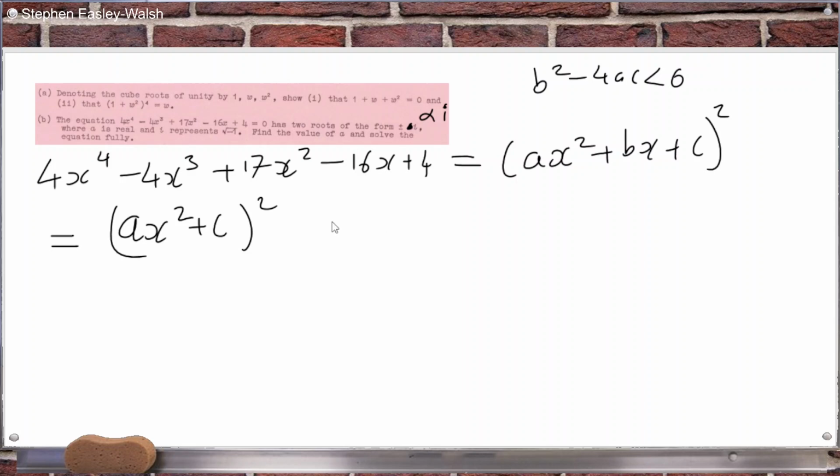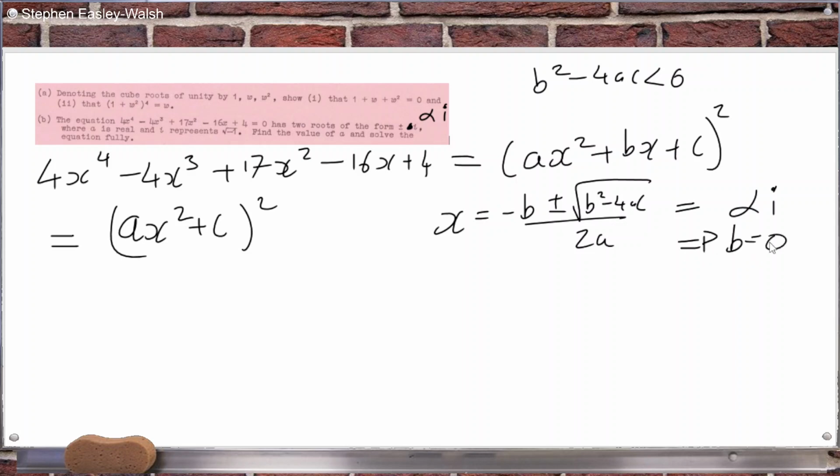Why is this? Because if you think about the formula, x equals minus b plus or minus the square root of b squared minus 4ac all over 2a. If that's supposed to equal alpha i, that can only happen if this b part is 0. So that means that b has to be 0. So you're just left with this now.